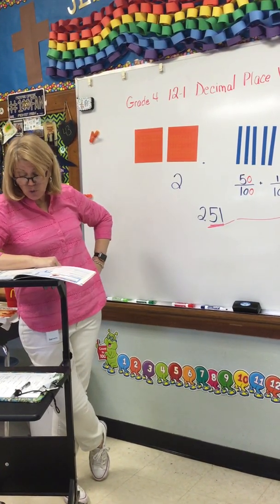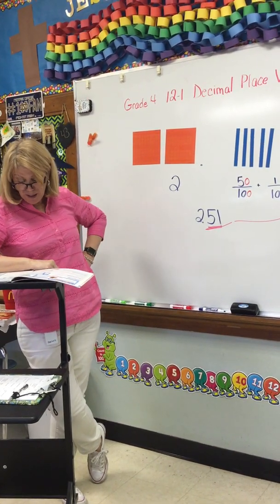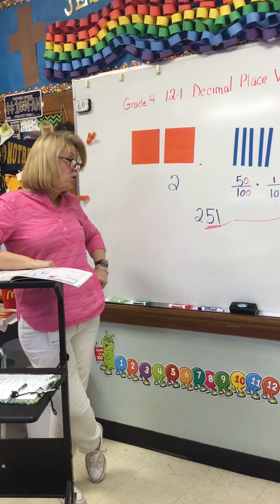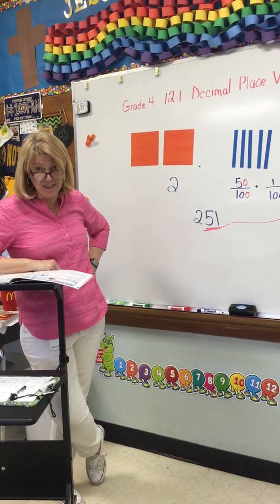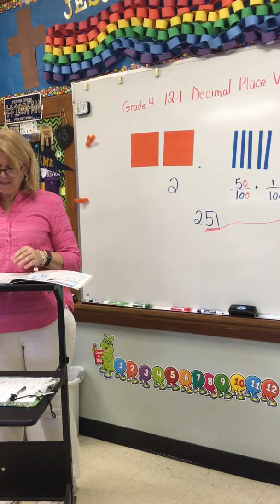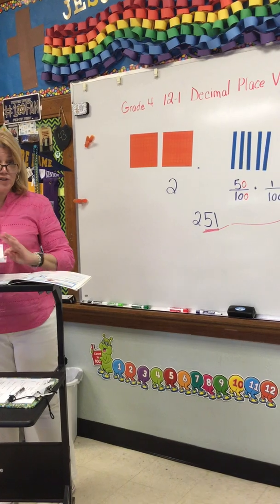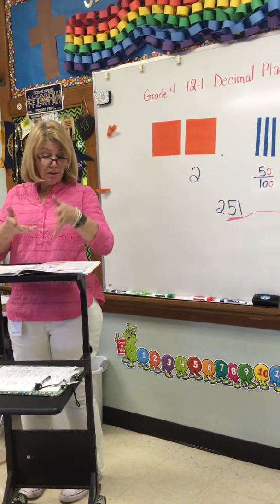And then it tells you to write the value of the red digit. So number 13 would be 7/100 because it's in the hundredths spot. So you're going to do 7 through 17. I will post the answers later on to those questions.